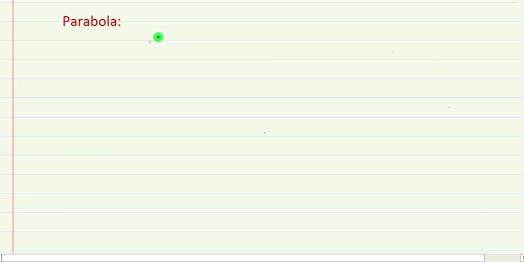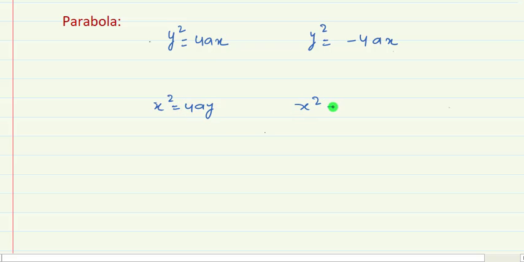Now let me discuss the parabola. The simplest forms of the parabola that you have studied in your 11th class are y square is equal to 4ax, y square is equal to minus 4ax, x square is equal to 4ay, and x square is equal to minus 4ay.